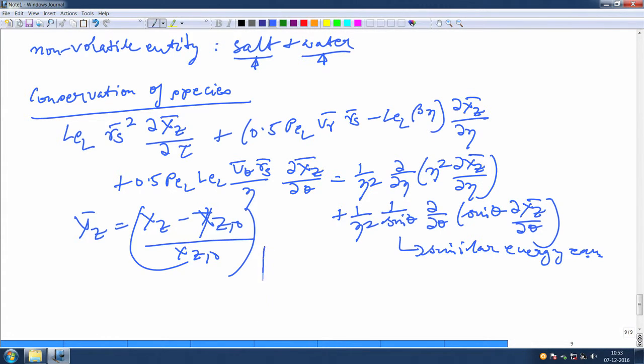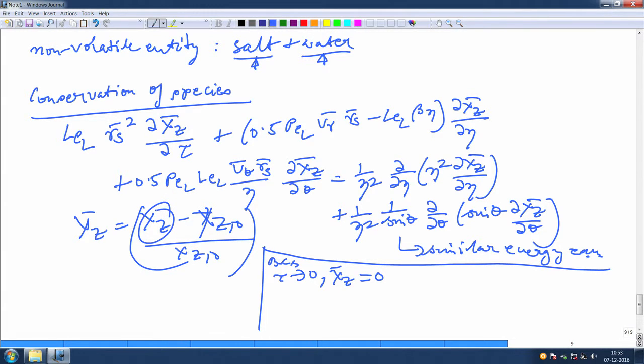So, if we have to write the boundary conditions here, first the initial conditions when tau is equal to 0, chi z bar is equal to 0 because it is the same as the initial value.